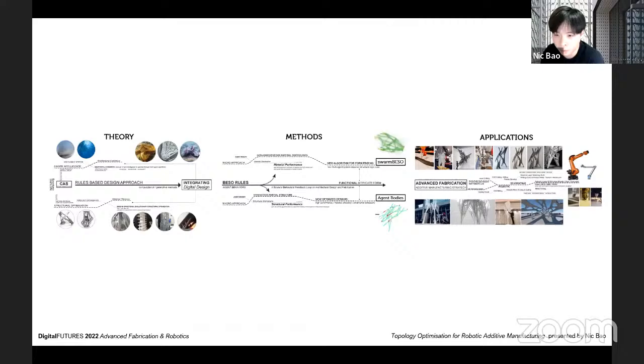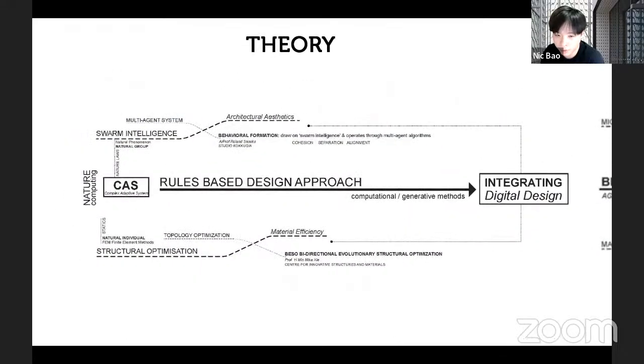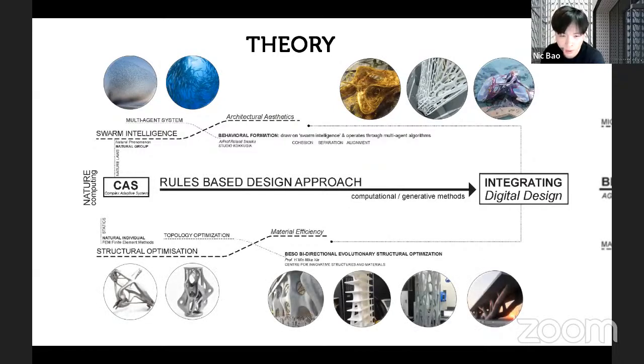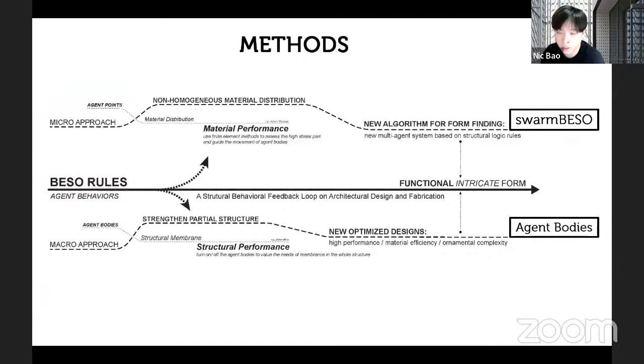Most of the theory is related to a rules-based design approach from swarm intelligence and structure optimization. Later, I developed two different strategies for the optimization method. One is a design algorithm for skeleton design.